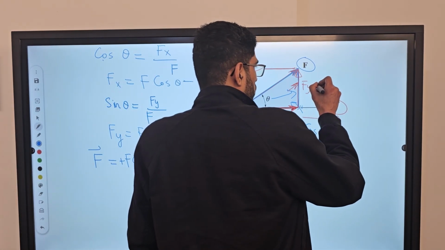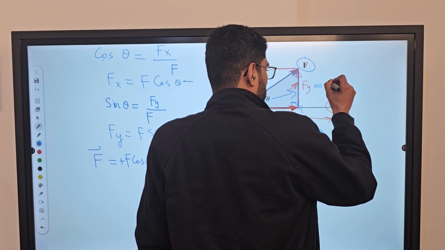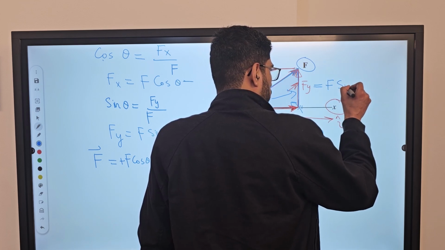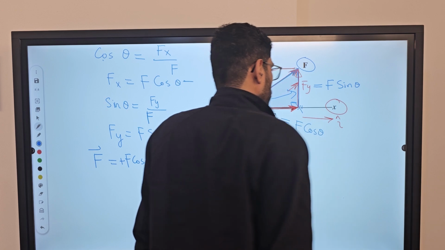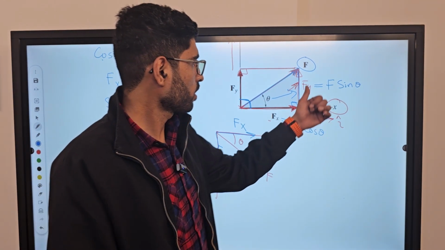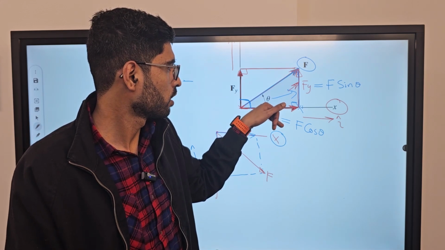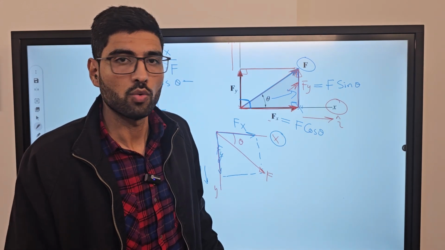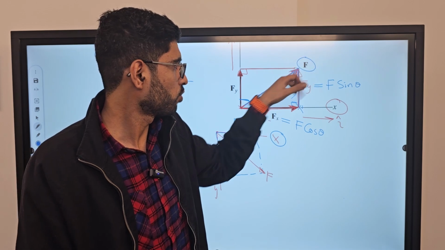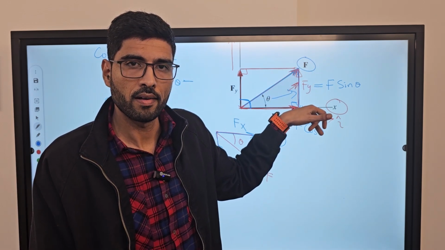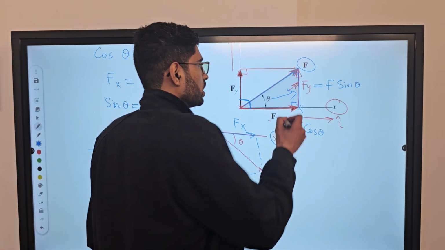Similarly, it is not a thumb rule that f of y must always be equal to f sine of theta. The magnitudes of f of x and f of y all depend on the location of the angle, whether the angle of the force is given with f of x or with f of y.